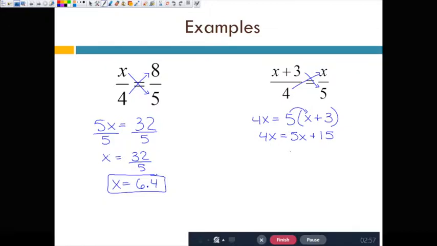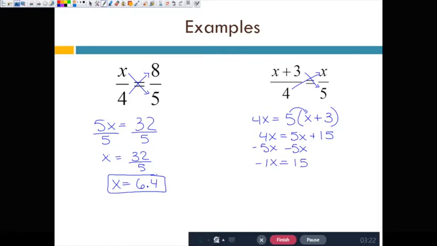I only have one variable on this side, so I'm not going to move it even though it's smaller. Okay, it doesn't matter which variable you move. Usually the smaller makes it easier. But in this case, we have to move our 5x. So I'm going to subtract 5x from both sides, and I'm going to get negative 1x equals 15.